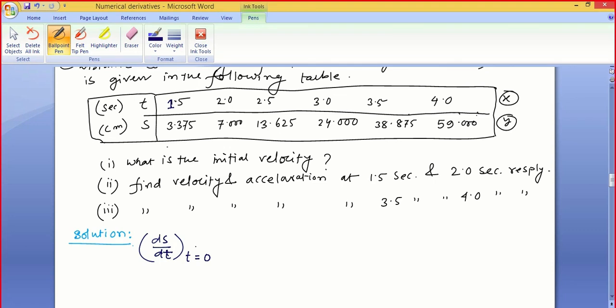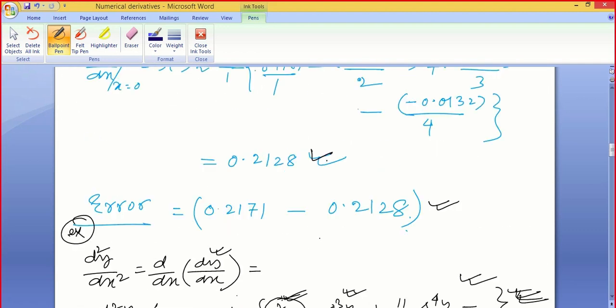As the usual procedure, notice that in the given data set all t values are equally spaced, so you may use Newton forward or backward interpolation. Since the initial value of t is asked, we use the forward interpolation technique, and after differentiating we get that formula.